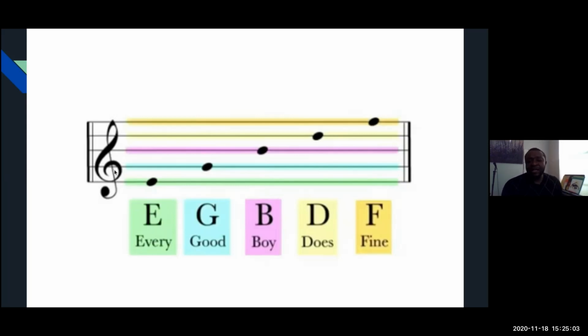Now, the treble clef is also sometimes called the G clef because it lets you know where the G is. In fact, the treble clef symbol itself is actually just a fancy G. If you think about it, you can mark right there and it creates that G sign. So once again, your lines are E, G, B, D, and F.